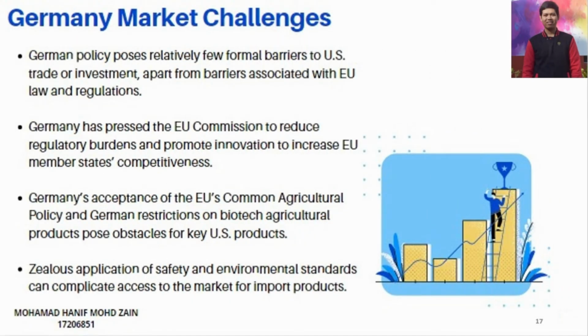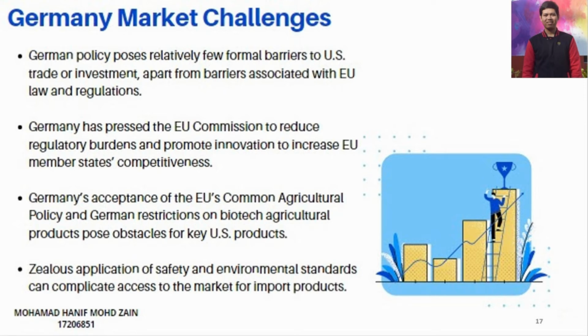Germany market challenges. German policy puts relatively few formal barriers to U.S. trade or investment apart from barriers associated with EU law and regulation. Germany has pressed the EU Commission to reduce regulatory burdens and promote innovation to increase the EU member states' competitiveness.